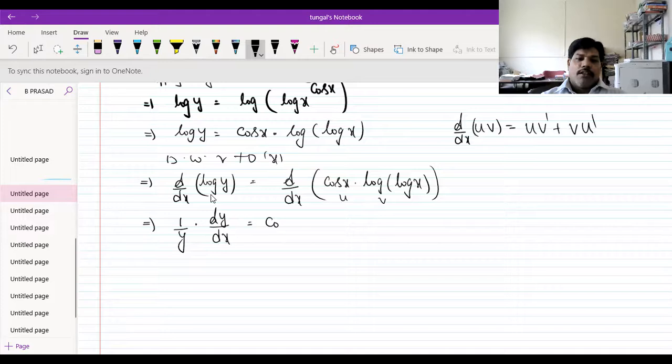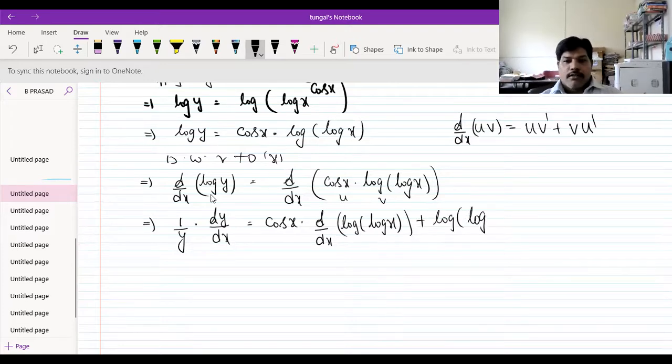What it will become? That is nothing but cos x into derivative of log of log x plus log of log x into derivative of cos x.